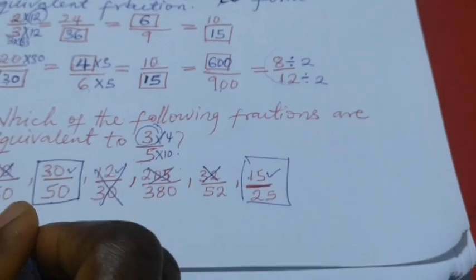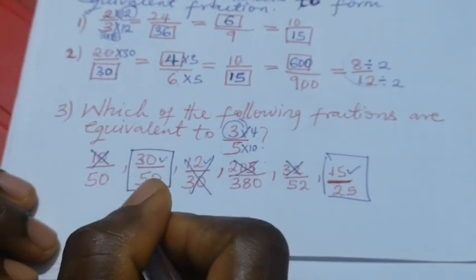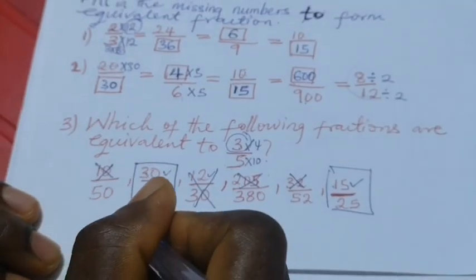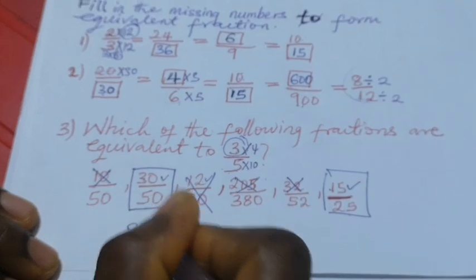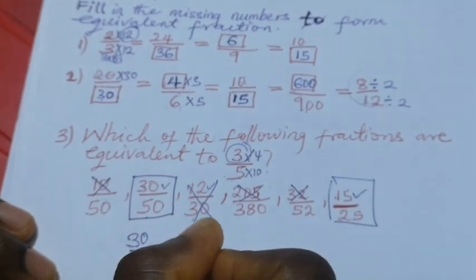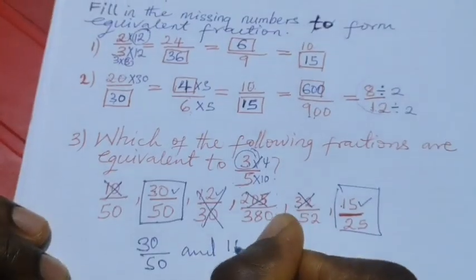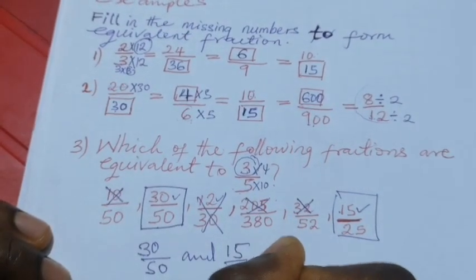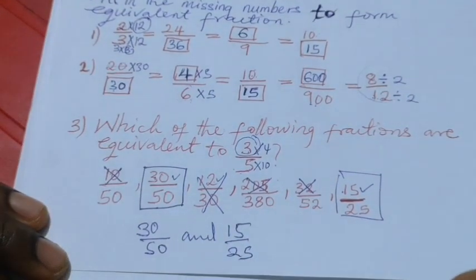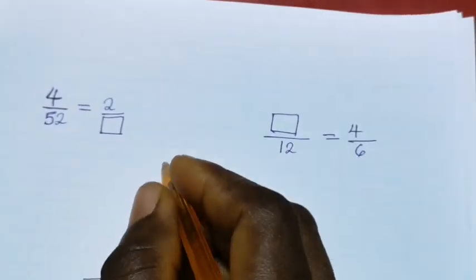So that means that the fractions here that are equivalent to this are 30 all over 50 and 15 all over 25.